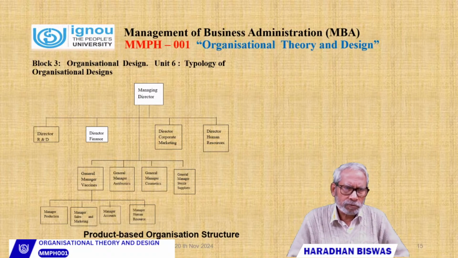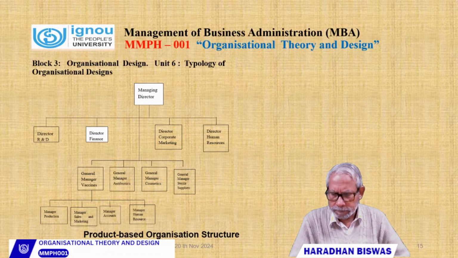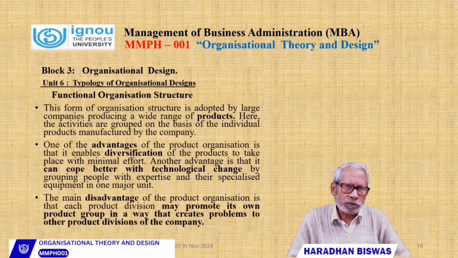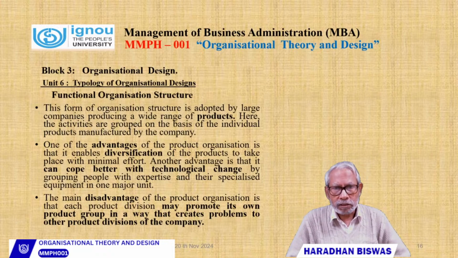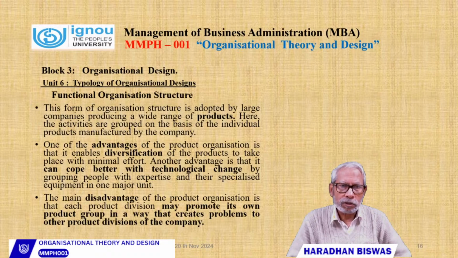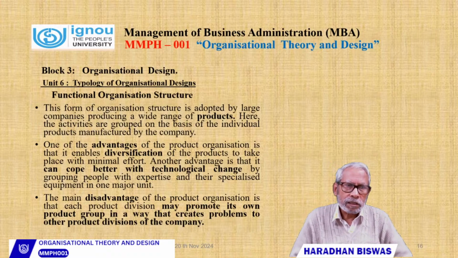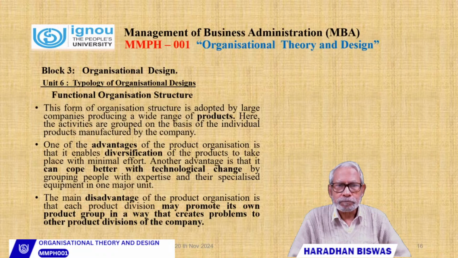This is another type of product-based organization structure. This form of organizational structure is adopted by large companies producing a wide range of products, because the activities are grouped on the basis of the individual products manufactured by the company.